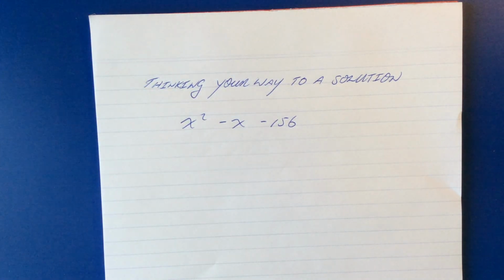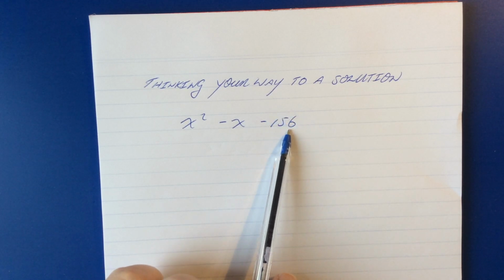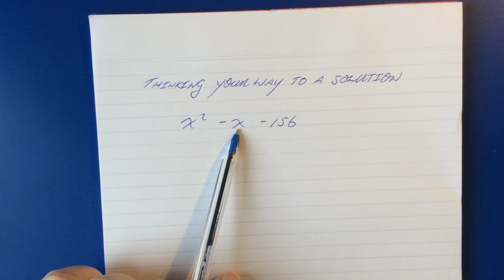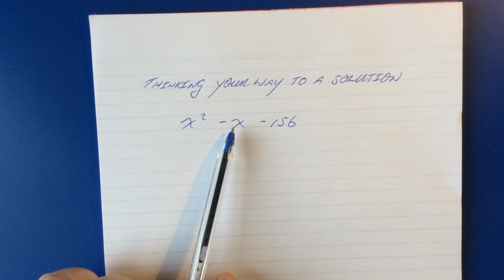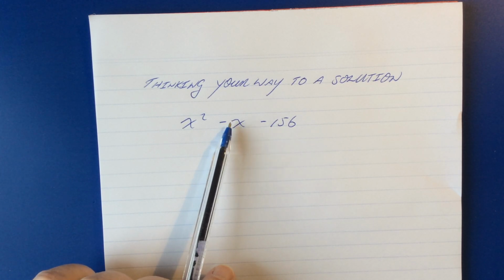Now, when you start out with quadratic trinomials, one of the things that you're told to do is to find the factors of c, this constant, that add to the number in front of the x here. In this case, it's -1.